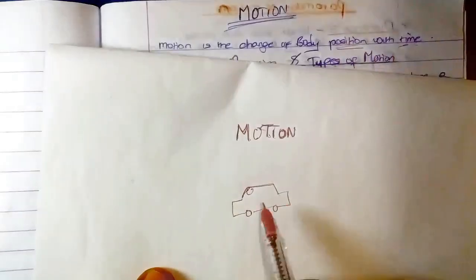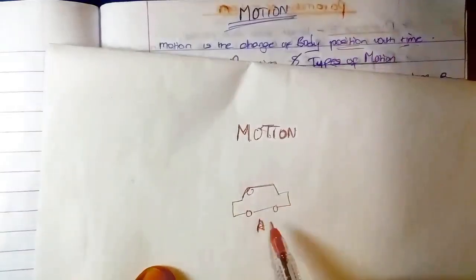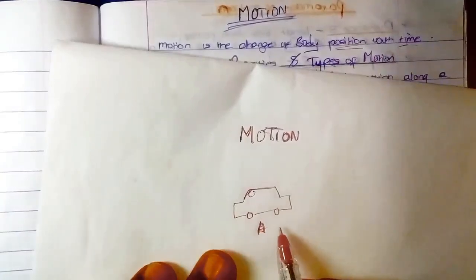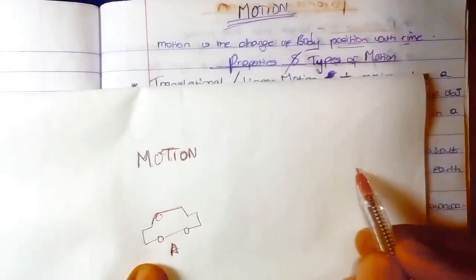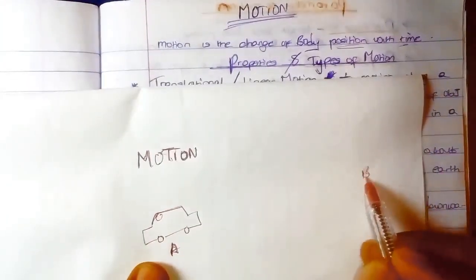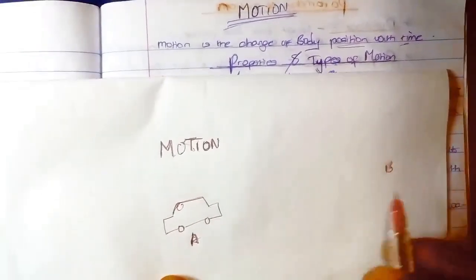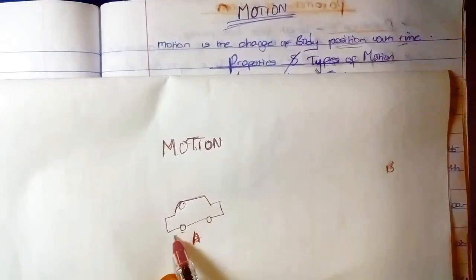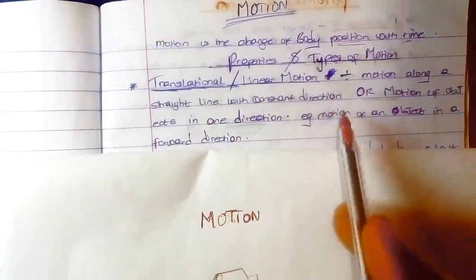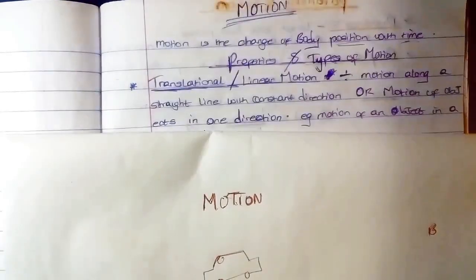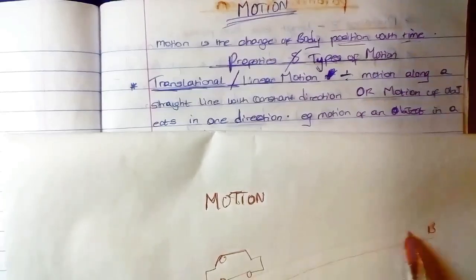Let's say this car is in this position here, A, and it travels to another position, B. These two points are connected in a straight line.